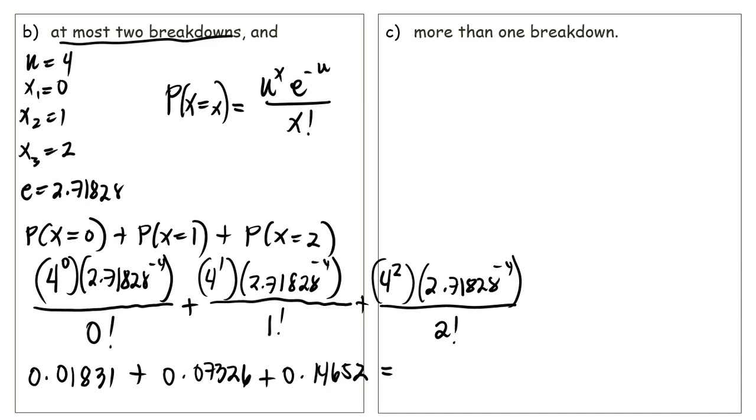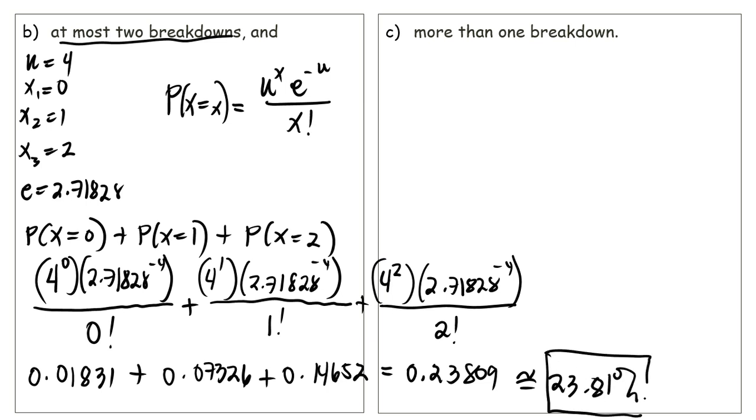So, pag pinag-add po natin yan lahat, answer is 0.23809. So, meaning, we have 23.81%. Ang chance po natin na mag-breakdown po yung core at most 2 breakdowns. Okay?